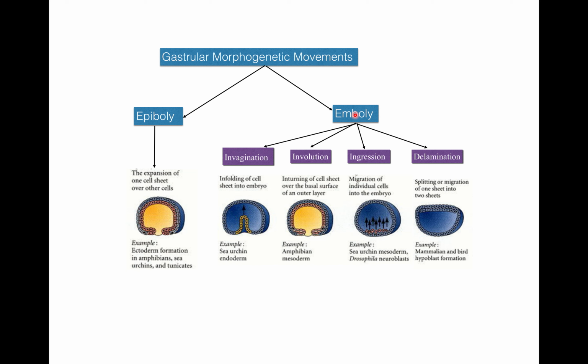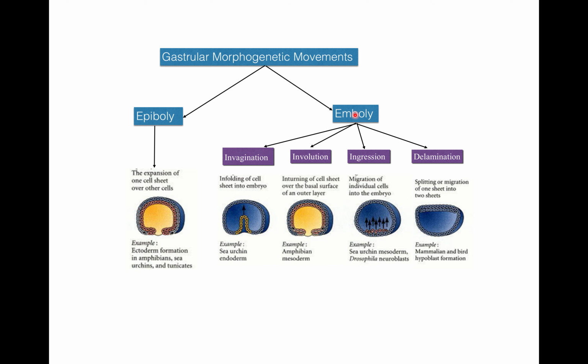For example, appearance of archenteron, appearance of neural tube, appearance of notochord. These movements are called morphogenetic movements because during this time the embryo stretches, folds, contracts, or expands. And one more thing, these morphogenetic movements are irreversible.